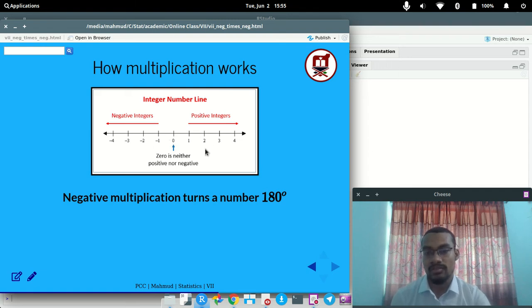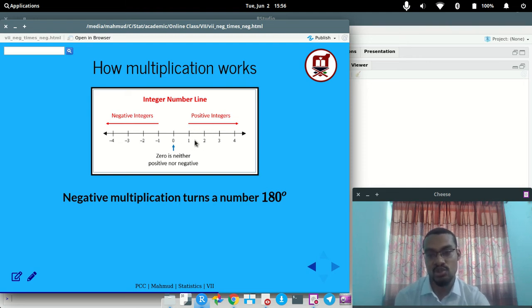Now let's consider we multiply 1 by 2. This will move 1 to this position. We start with the number 1, and after we multiply it by 2, we will be here.